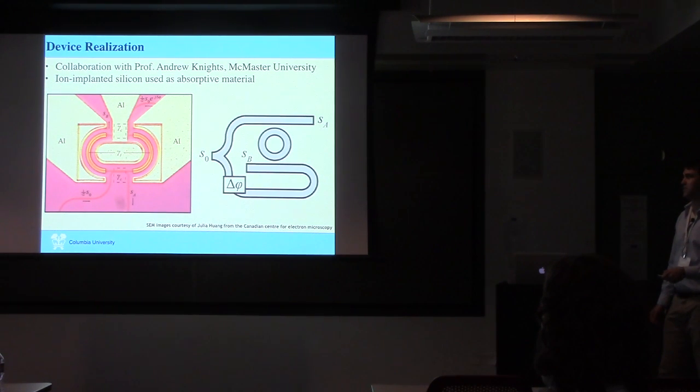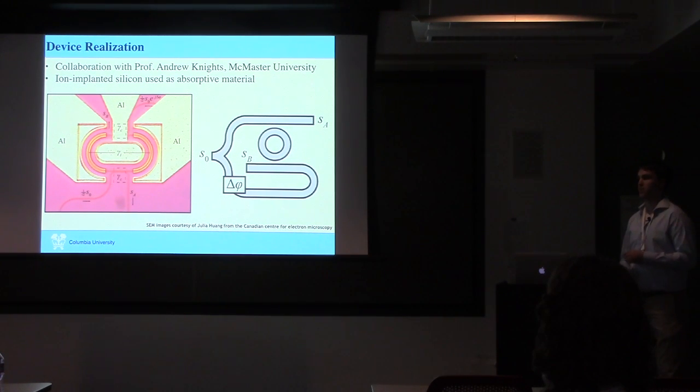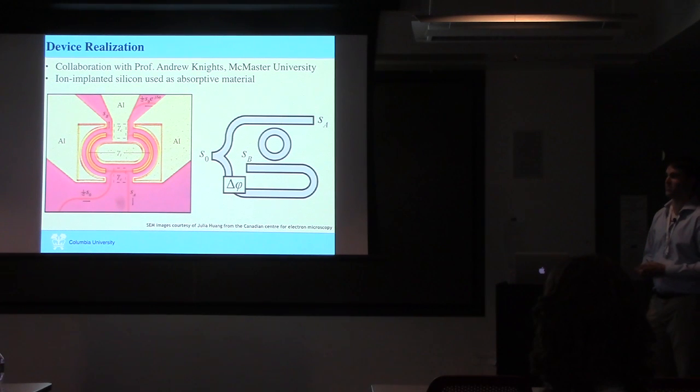Because as I said, the fabrication for this is still experimental. The internal loss, gamma i, is basically quoted as a range right now. So your point is right, it's not ideal, because there are no commercial devices with ion implanted silicon.